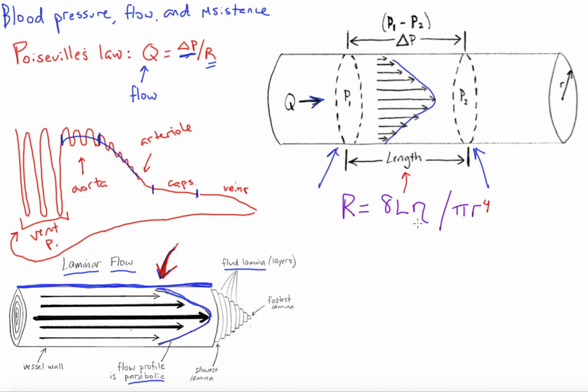Okay, here is eta. And let me back up for one second. Remember length. Think of your coronary arteries, your coronary blood vessels. They leave the aorta immediately after it leaves the heart, where it attaches to the left ventricle. So those coronary arteries and blood vessels are really short.